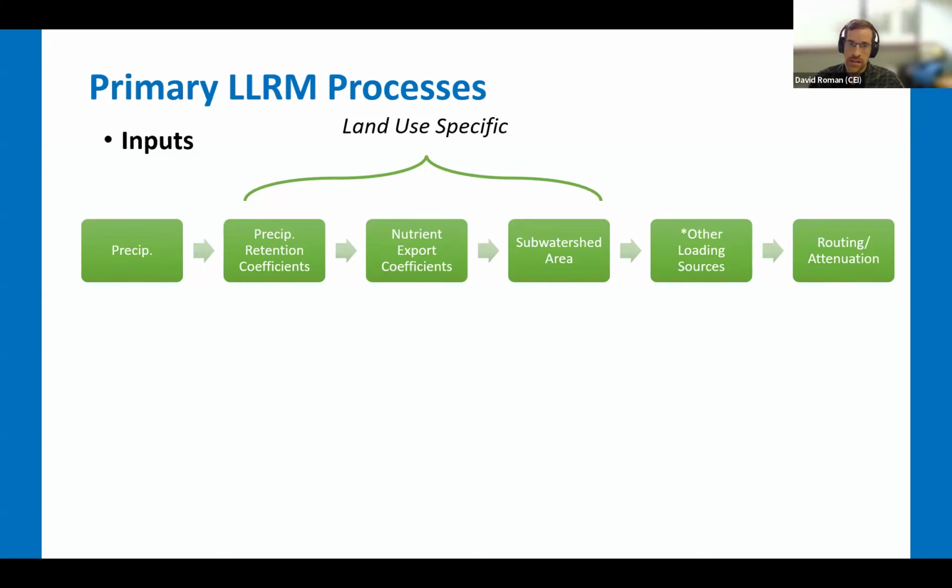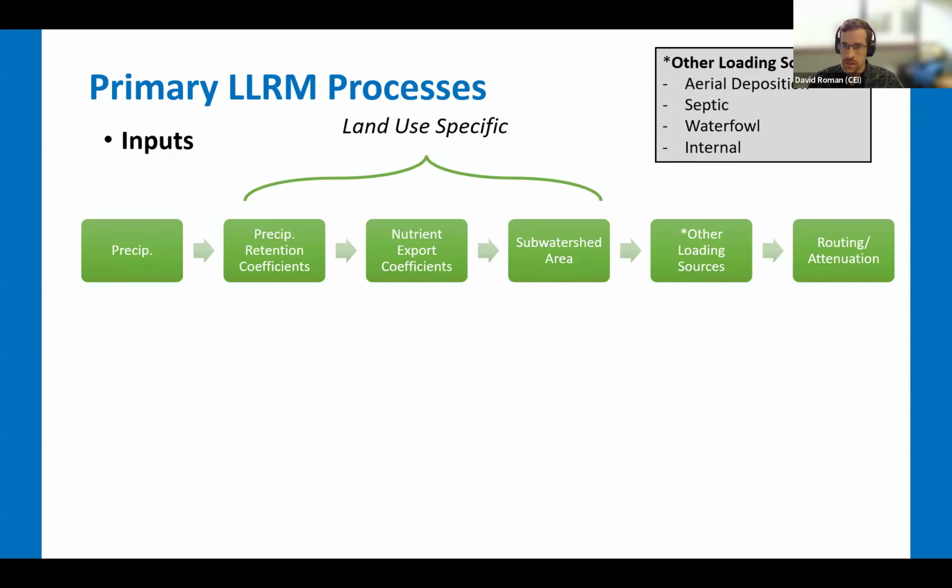And then these land use processes are usually the biggest component of loading, but we can also add in other sources as well, like aerial deposition, septic, internal, et cetera. And then it routes everything through until it gets you to the outlet.